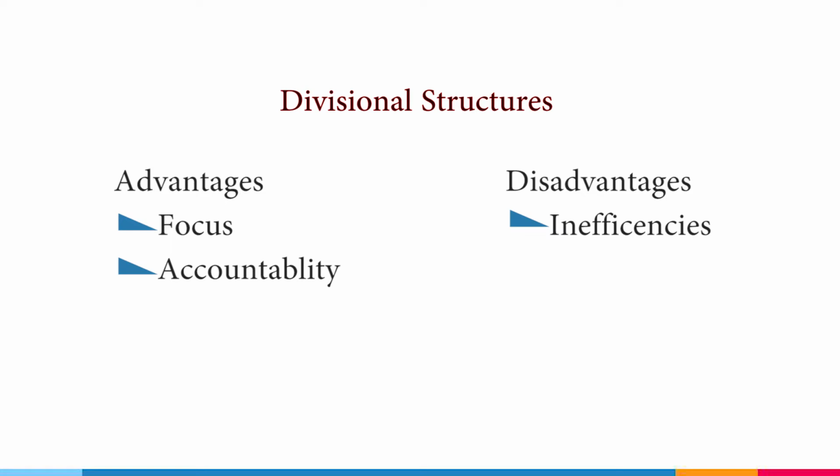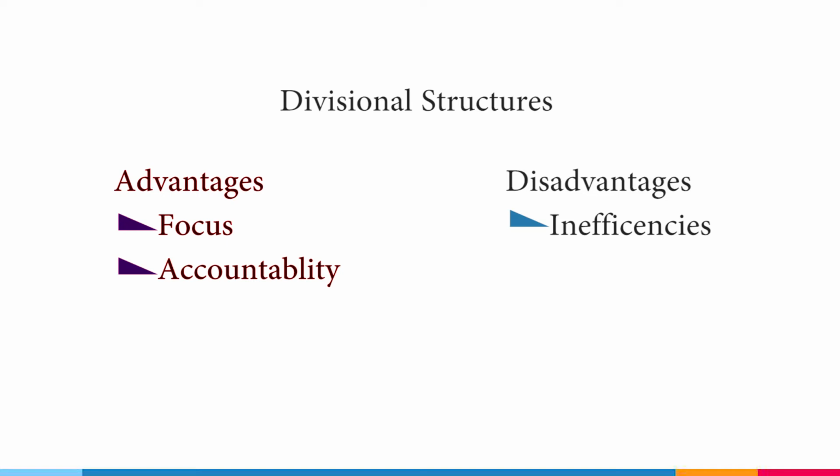One distinct advantage of a divisional structure is that each division can specialize and focus its efforts on a particular product, service, or market, and not be distracted by competing interests. For example, if you manufacture automobiles, you may create a car division, a truck division, and a minivan division. Alternatively, you can decide to create different divisions for different geographic markets, such as North America, Europe, and Asia.